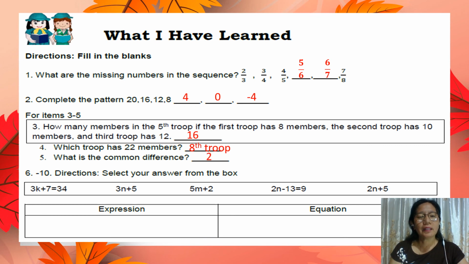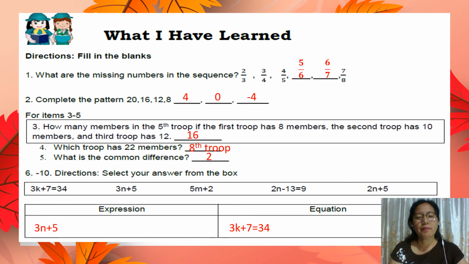For 6 to 10, we are going to identify if the given are expressions or equations. For number 1, 3k plus 7 is equal to 34. Since it has an equal sign, so it is an equation. Next, 3n plus 5. No equal sign, so it is expression.